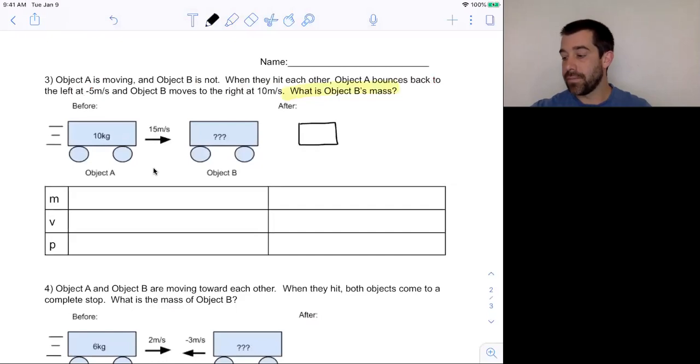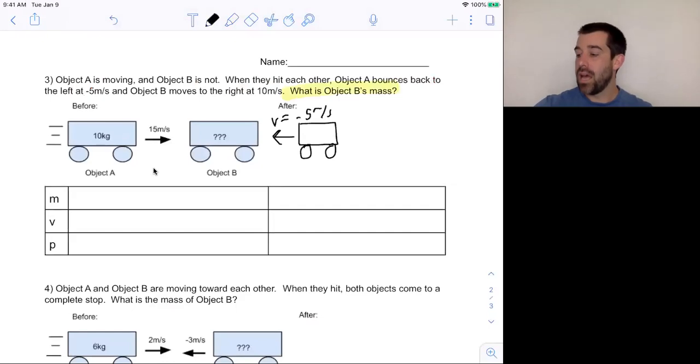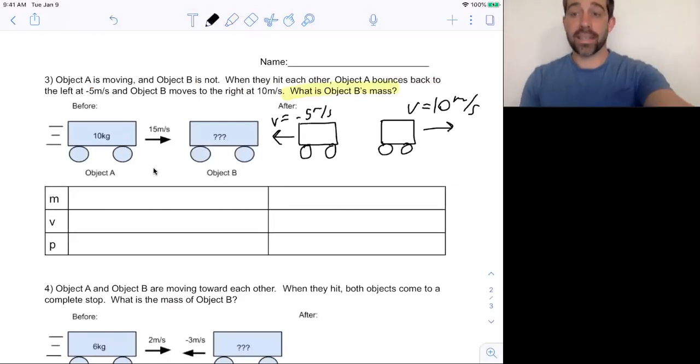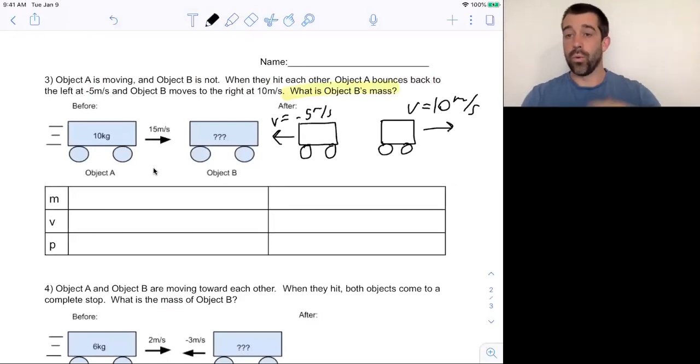Object A is going to bounce back this way to the left and be moving at a velocity of -5 meters per second. Object B is going to be moving to the right at a velocity of 10 meters per second. All right? So if that's the case, what is the mass of object B?